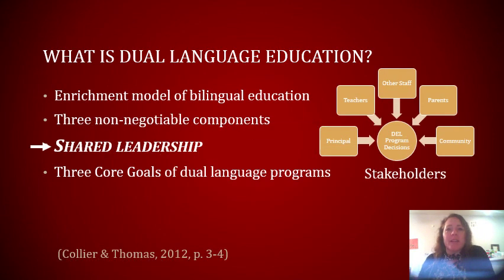Dual language has a shared leadership between the stakeholders. What that means is that the principals, administrators, teachers, other school staff, parents, and the community all have a shared responsibility for the program. Their main responsibility as a stakeholder is to defend the dual language program.